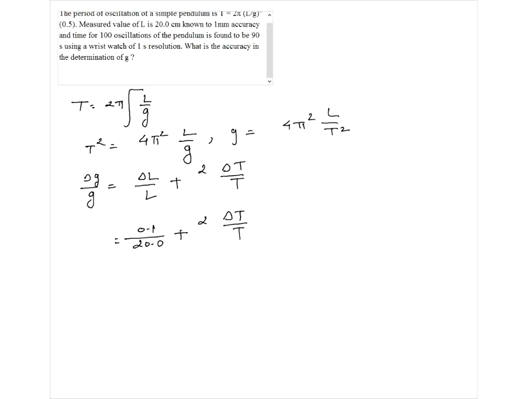In this experiment, 100 times, let it oscillate 100 times, measure the total time. That's a smarter way of doing things, of reducing error, than taking just one oscillation. So you go for 100 oscillations, and for 100 oscillations, if it takes 90 seconds, then for one oscillation how much would it take?